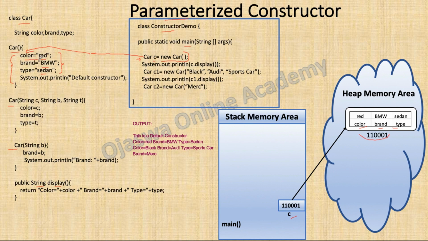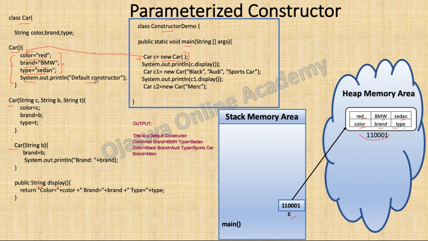Color equal to red: red will be stored inside the memory space reserved for instance variable color inside the object c. Brand equal to BMW: BMW will be stored inside the memory space reserved for variable brand inside object c. And type equal to sedan. When this statement executes, the value sedan will be stored inside the memory space reserved for instance variable type inside the object c.